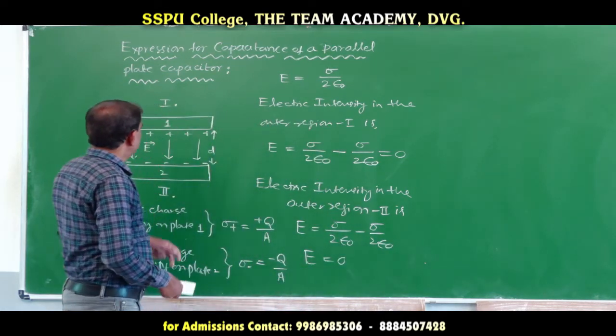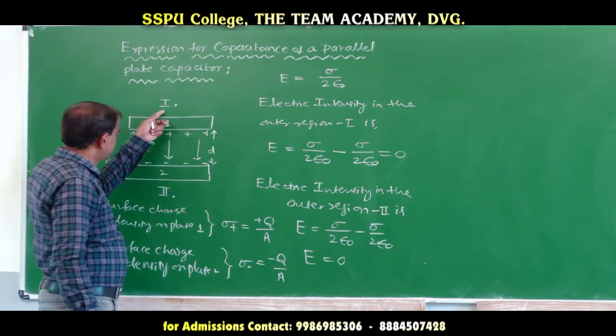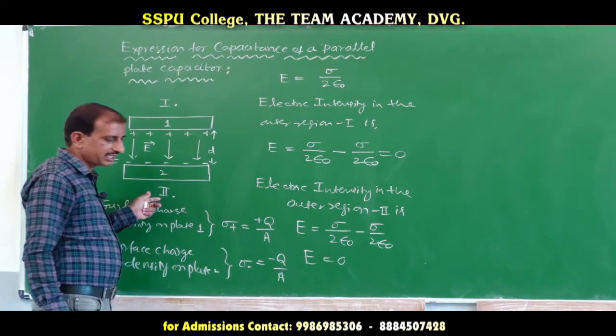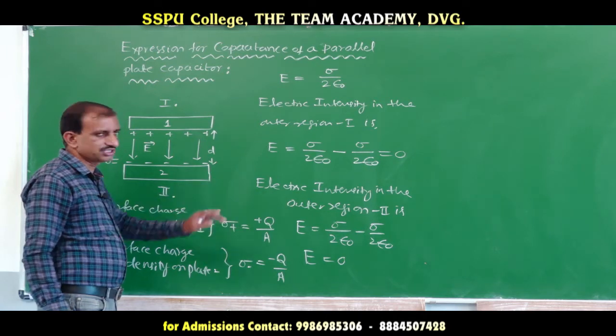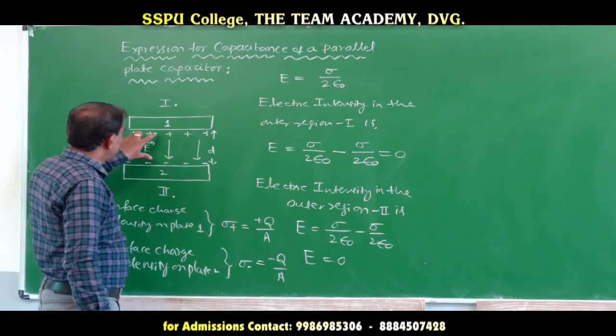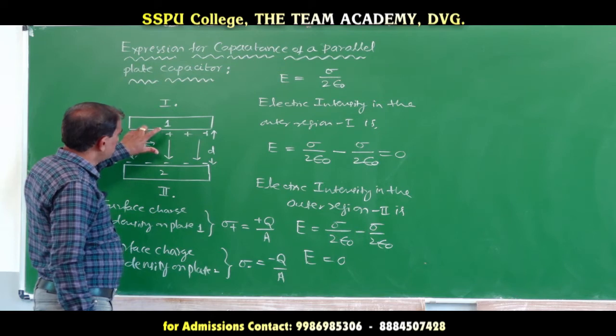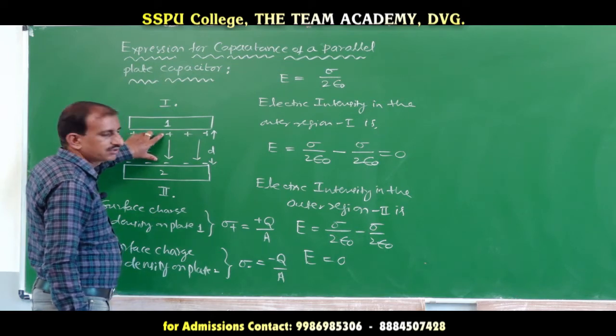So in the outer region first and in the outer region second, the electric intensity is, see, what is the electric intensity between the two plates of the capacitor?